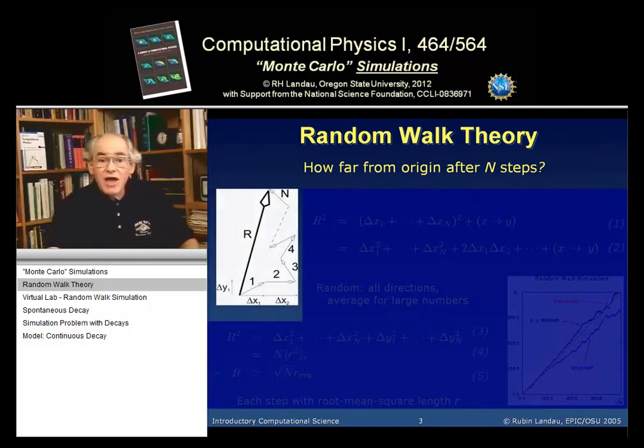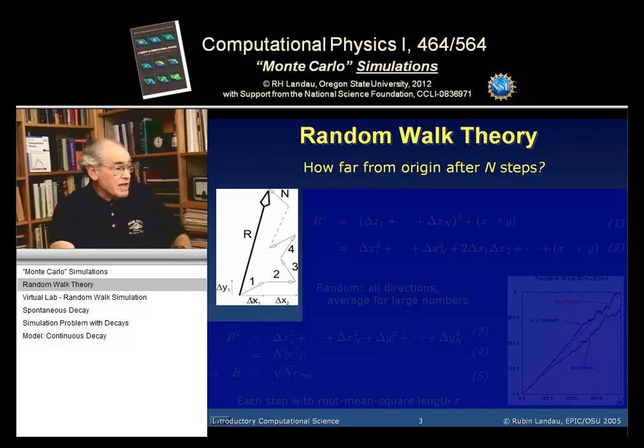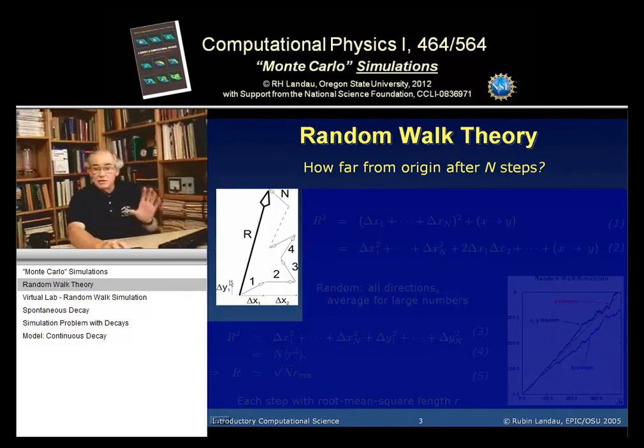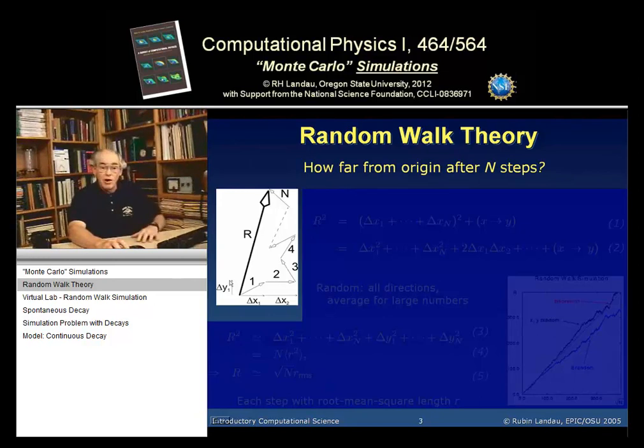And here now is the same diagram repeated. Here's our random walker, and the only difference is we're going to end up still distance r away, but I've indicated for the first 2 steps that step 1 has a certain delta x1 and a certain delta y1. That's the distance covered in the x direction and the y direction. Step 2 has another certain distance, delta x2.